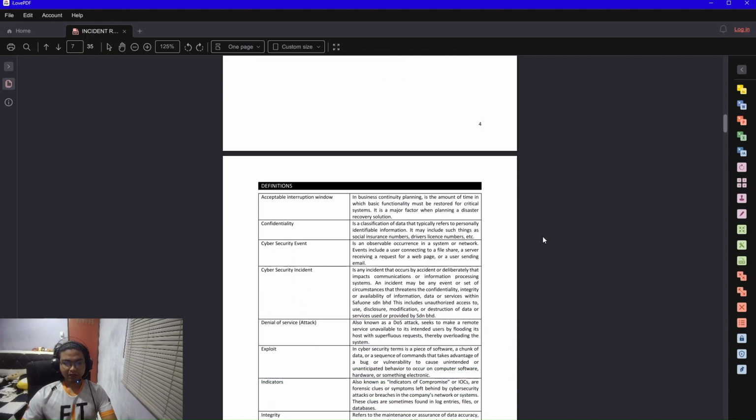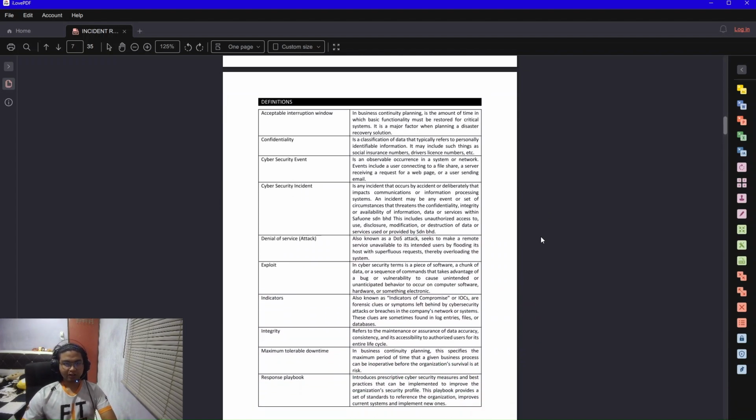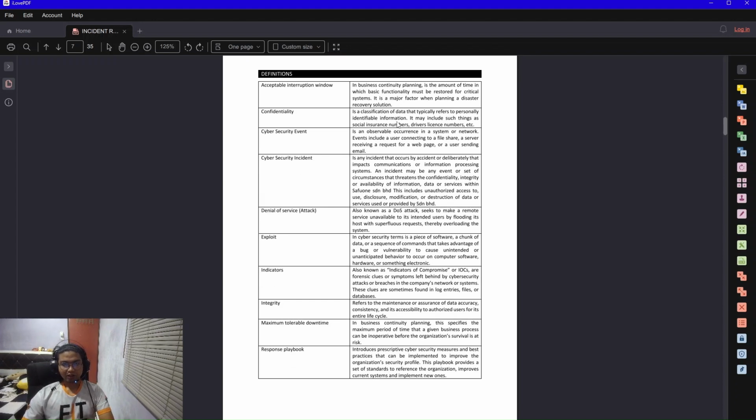Next up, I will show you the definitions that are applicable in cybersecurity terms, starting with acceptable interruption windows. This is in the business continuity plan. This is the minimum acceptable amount of major functionality.